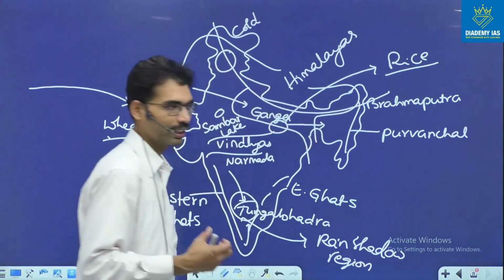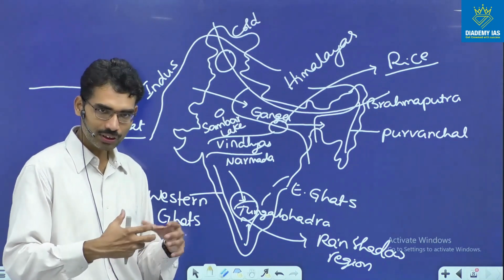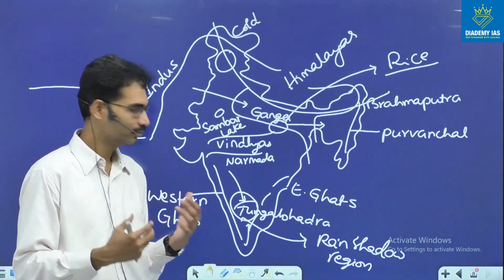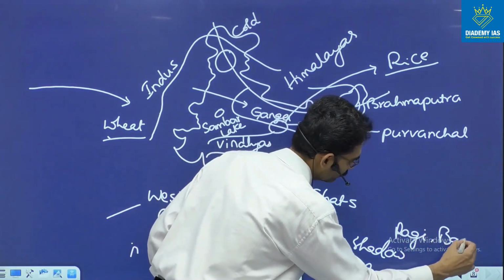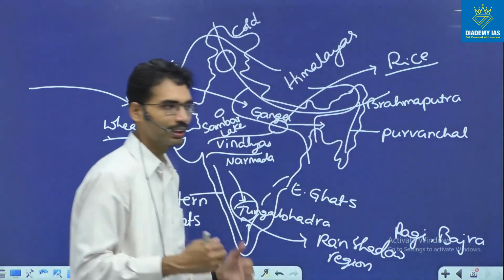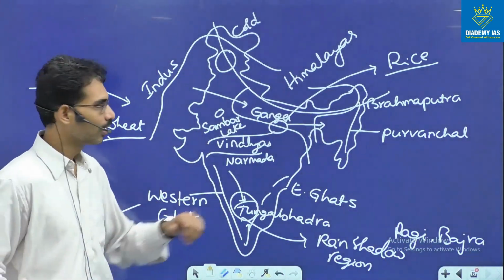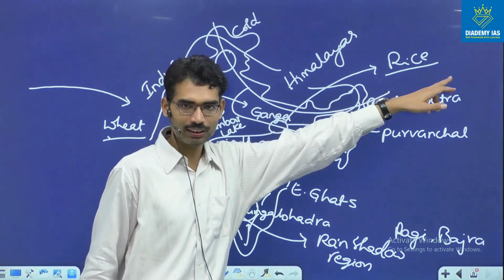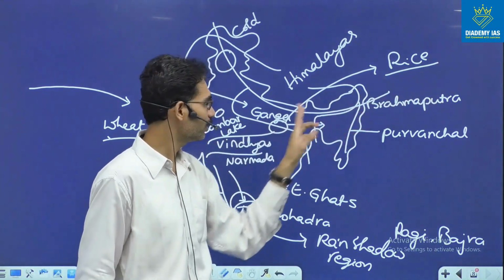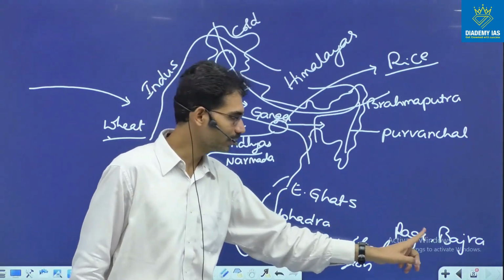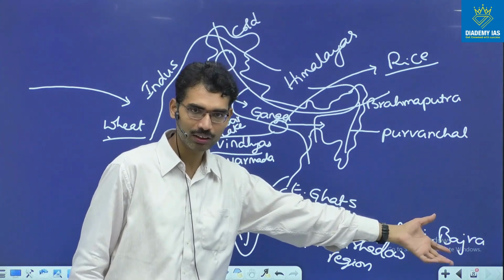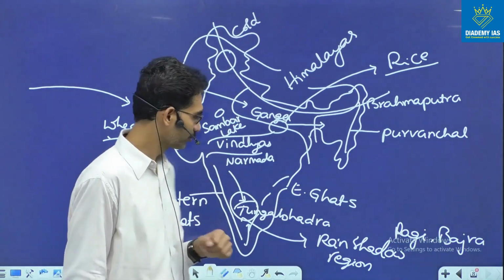Whenever rainfall is less, the crops are going to be like ragi, bajra, which are less water intensive. Now you see, rice is highly water intensive. It is possible here because of more availability, but here it is not available. That's why these people adapted according to their geographic location.